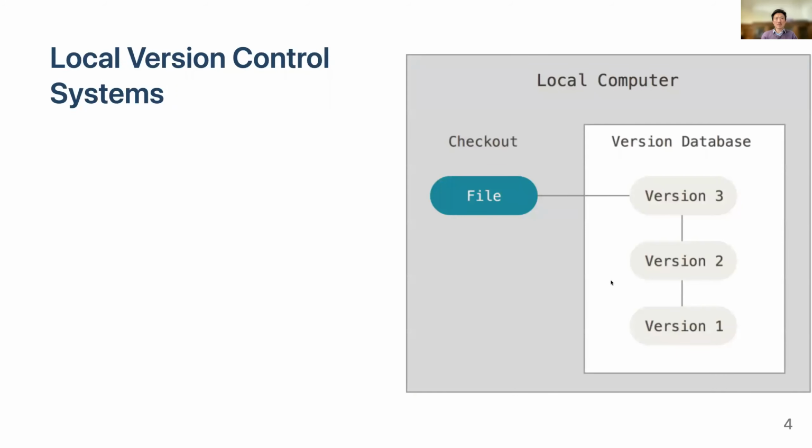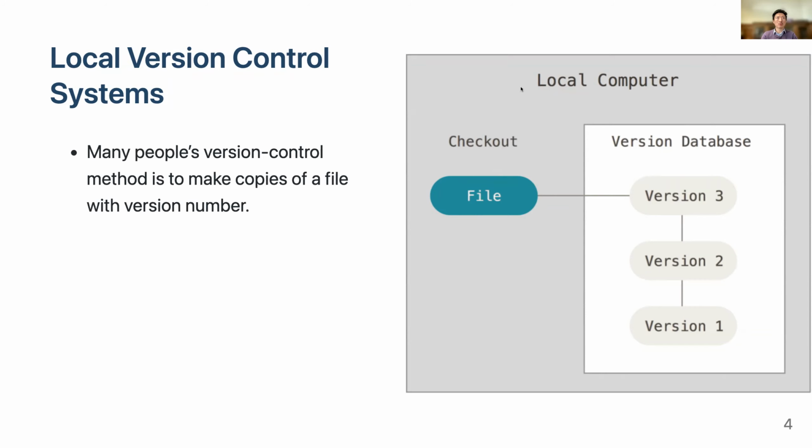Okay, there's many different ways you can do version control. And you can do this locally. For example, you have a file and you have different versions of this file. And both the latest version of the file and all the previous versions are stored on your own computer. So that's the local version control.